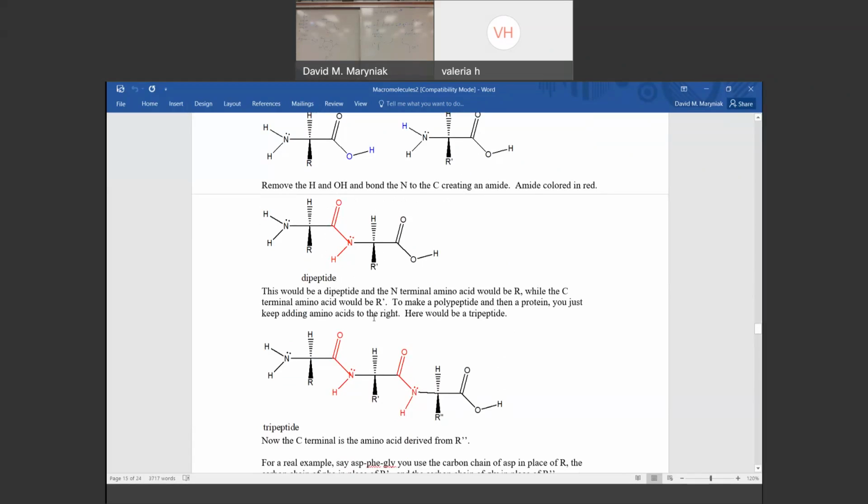So proteins are nothing more than polymers of amino acids. And what bonding pattern connects the amino acids? Amides. And why would we call this a dipeptide?